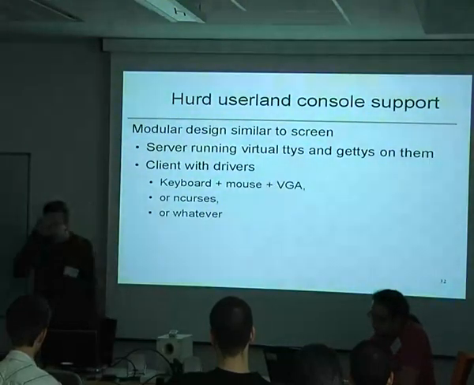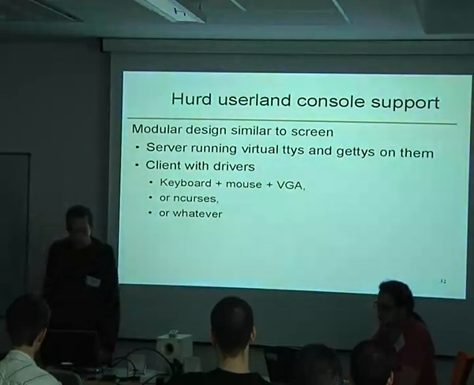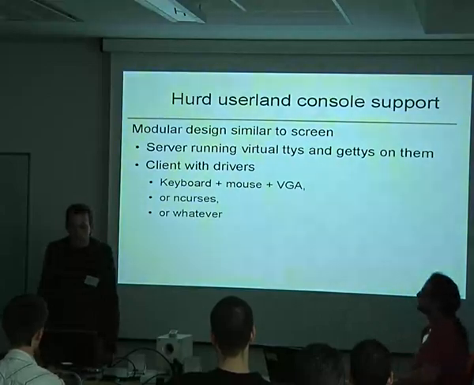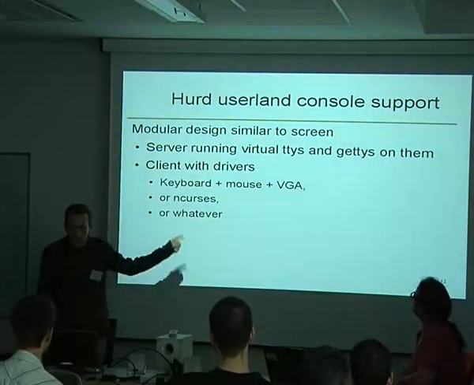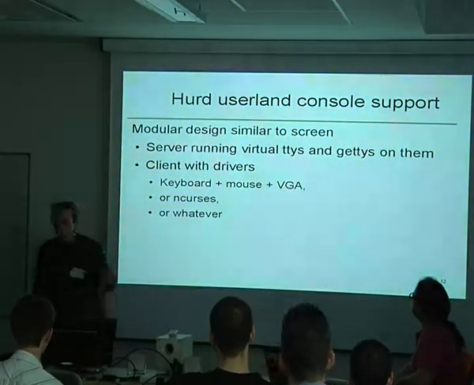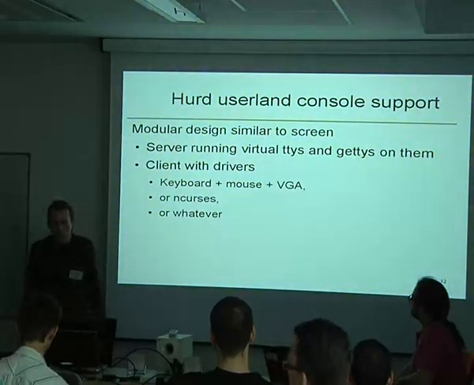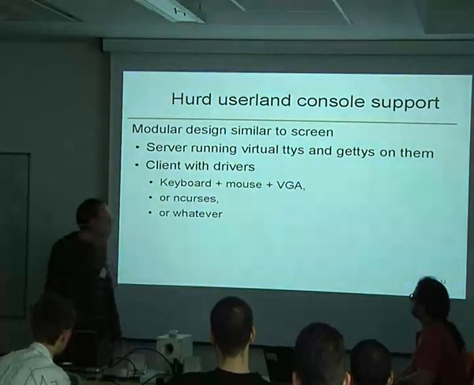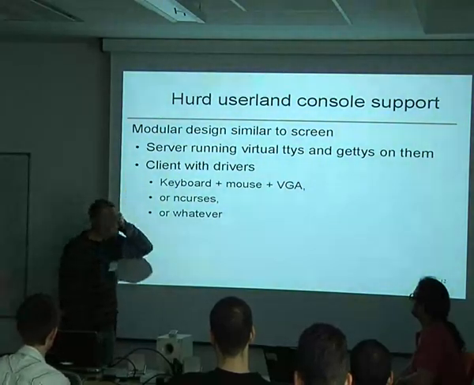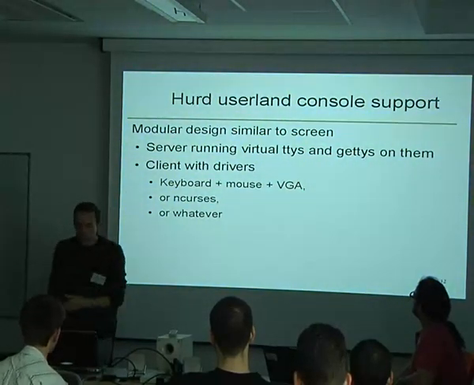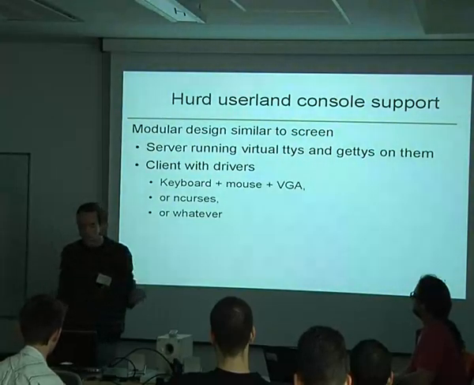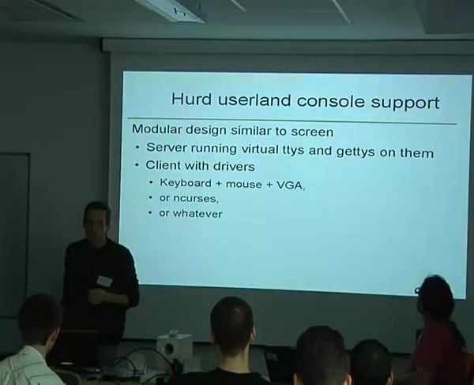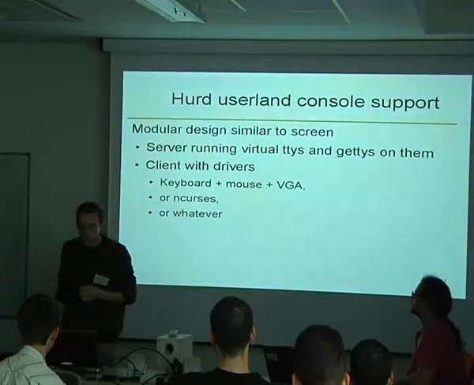So, now what's new in the Hurd? I mean new like in the past 4 or 6 years. So we have a nice console. There is the Mach console, which is extremely simple, and we have another console on top of this, which has a server client design, very similar to Screen actually. So the server part runs some TTYs, and we run getty on them.